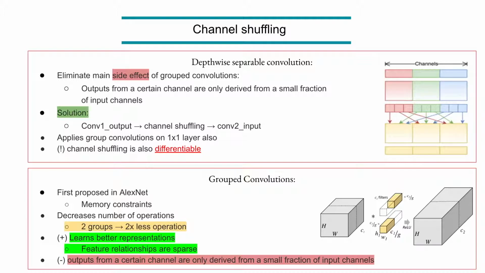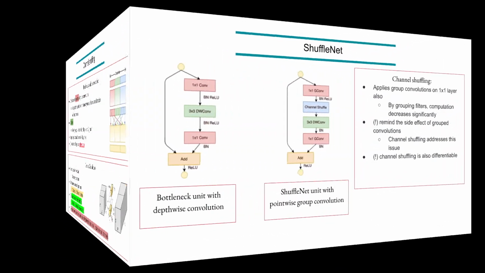So channel shuffling is also differentiable, so that you can train your network. You can store the shuffling combinations, and in this manner you can differentiate the gradients. So this is the main idea of ShuffleNet.